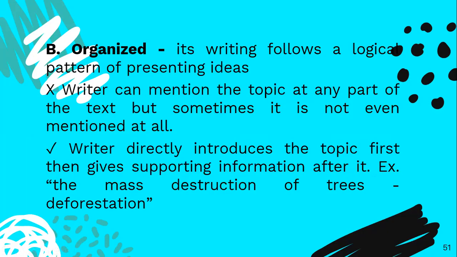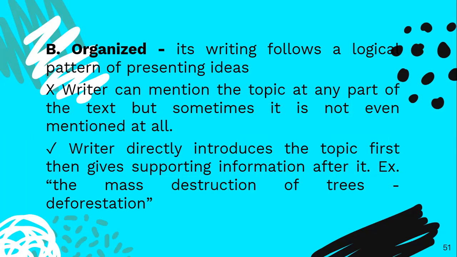Next, it's organized. It follows a particular pattern. There are rules in academic writing, and when you turn grade 10, you will study some of those rules. In non-academic writing, a writer can mention the topic at any point. But here you follow an introduction and then you give supporting details.